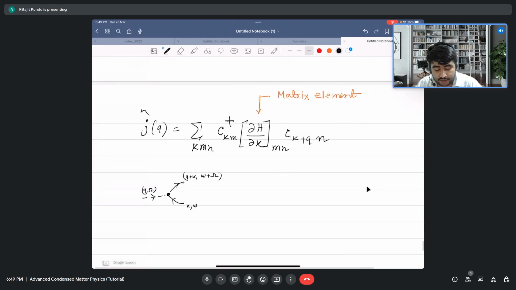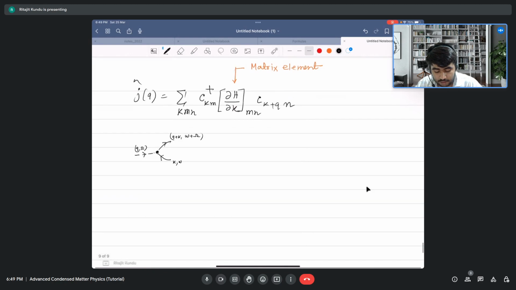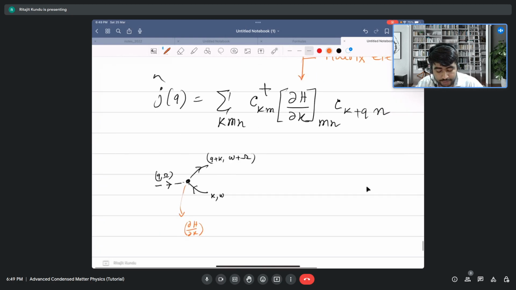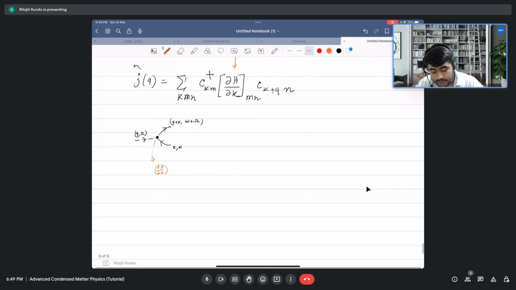This is how the current vertex looks. For this vertex we'll write del h by del k. This is the additional thing you have to do when dealing with the current operator. So let us quickly try to see the non-interacting current correlation.